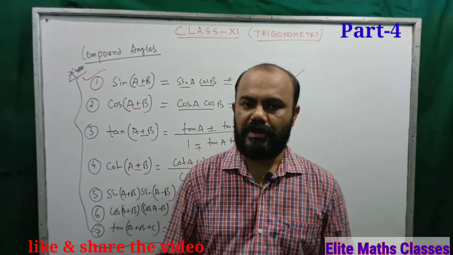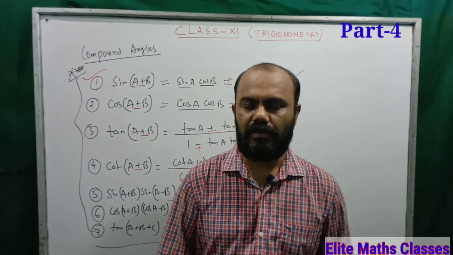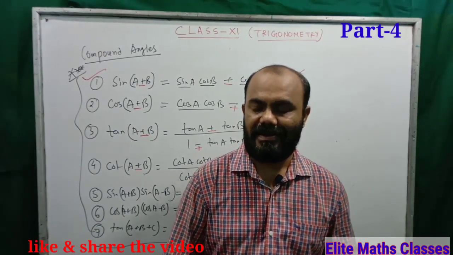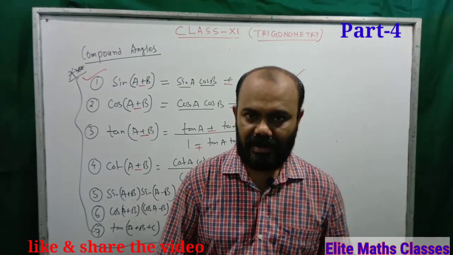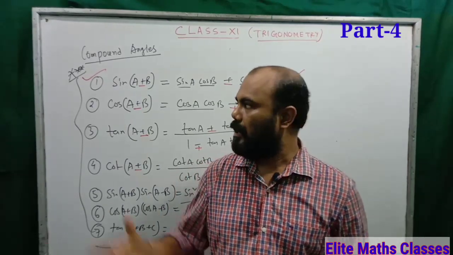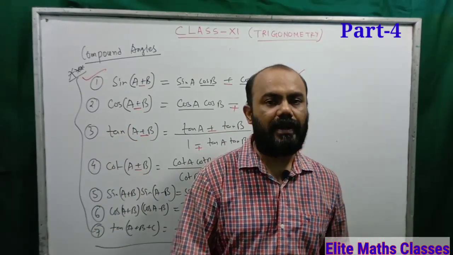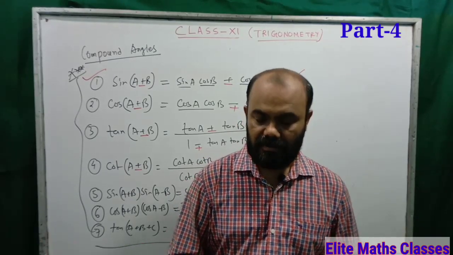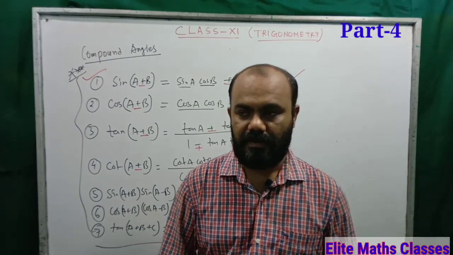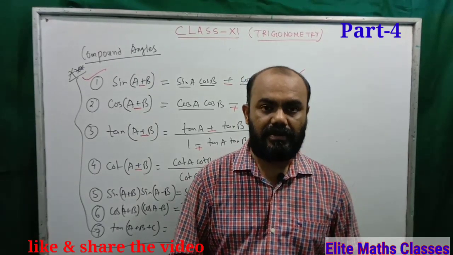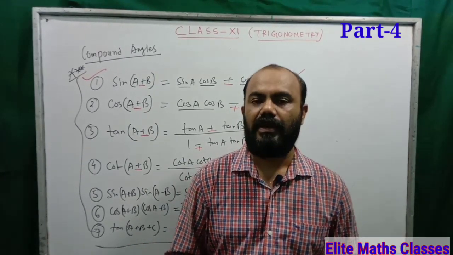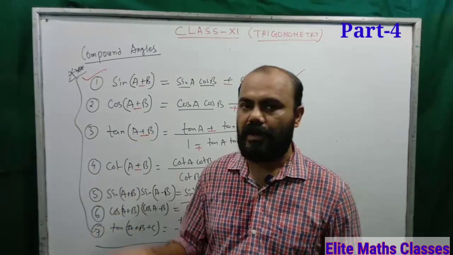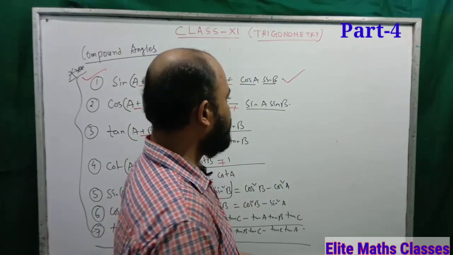By using the quadrant rules, now you can find the values of any large positive angles or large negative angles. In the next part, by using the formulas of compound angles, you can find the values of say sin 15, sin 75, cos 75, sin 105. So in the next video, I will show the application of these formulas.